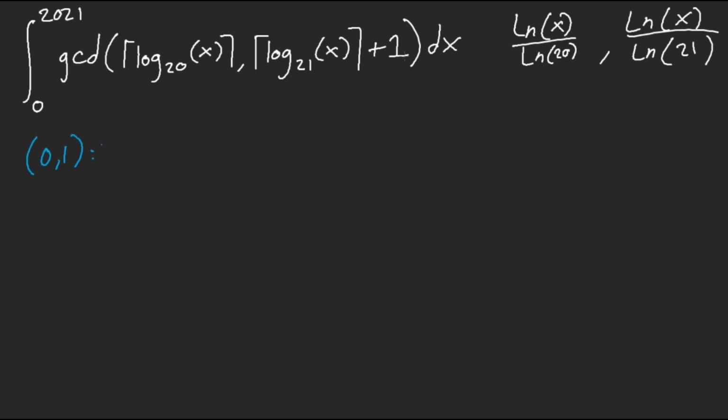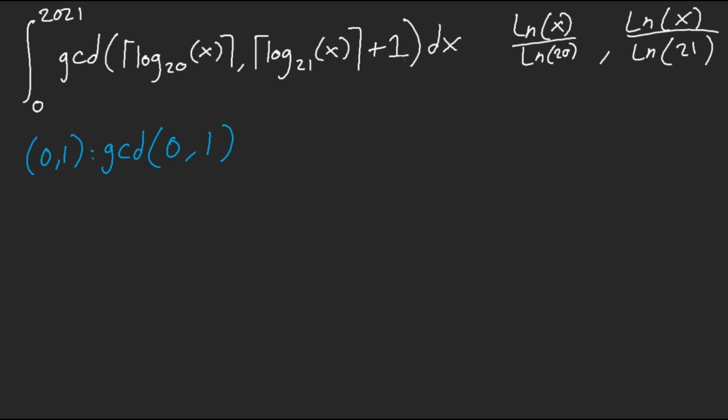From 0 to 1, we're going to have the GCD of, well, between 0 to 1. We can't actually plug in 0, but from 0 to 1, we know that this is going to be GCD of 0 plus 1. So from 0 to 1. And the reason why this is going to be 0 is because if we put in fractions, any fractions less than 1, it's a negative number, right?